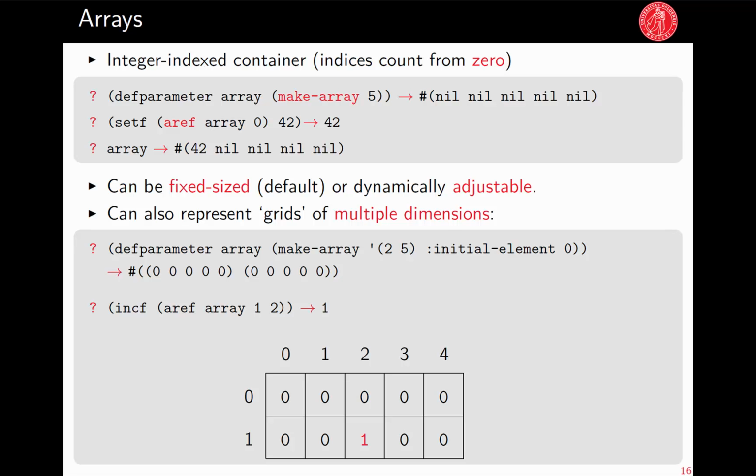In this case, we've changed the first argument to the makeArray constructor to be a list of numbers, where each number refers to the number of elements in that corresponding dimension. So this would create a 2x5 array with all elements initialized to 0.